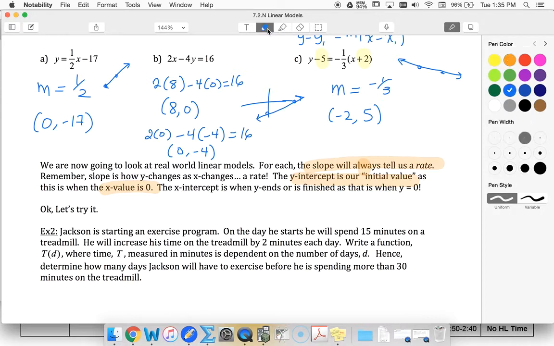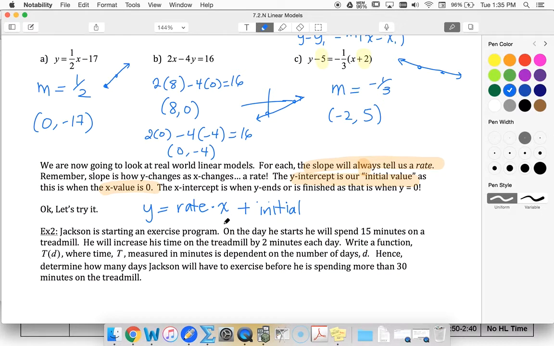So if we think about a general linear model, we have the y value is equal to the rate times the x value plus whatever the initial value was. Initial. So this is my y-intercept, and then I have my rate times my x.